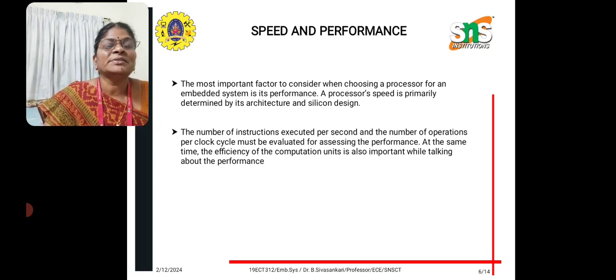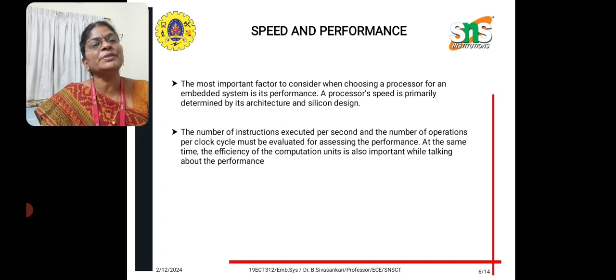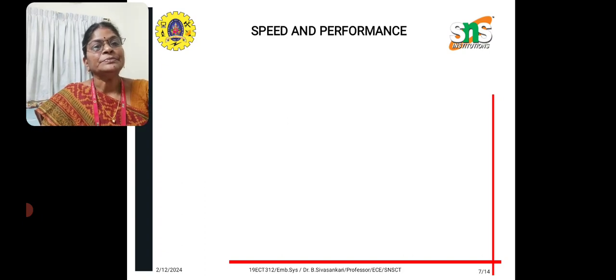Speed and performance. The most important factor to consider when choosing a processor for an embedded system is its performance. A processor's speed is primarily determined by its architecture and silicon design. Processor performance is evaluated by the number of instructions executed per second and the number of operations per clock cycle.